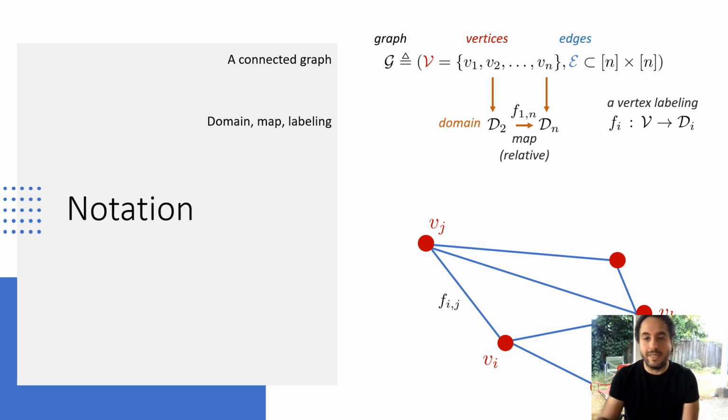And between domains, we can think of these relative maps. We could think of those as transformations which take one domain to the other. And then we can speak of a vertex labeling, where each vertex is mapped to a domain. So I can think of a function that basically maps the vertex to its domain.